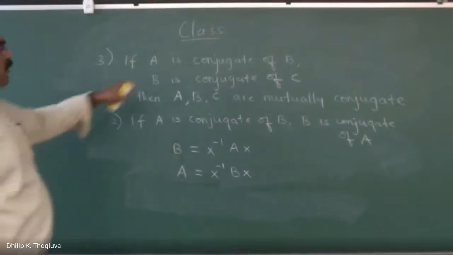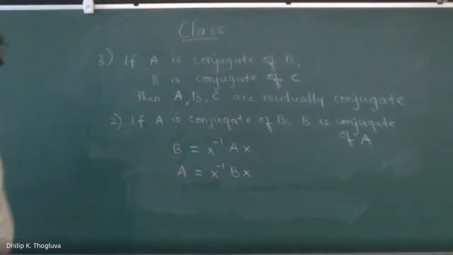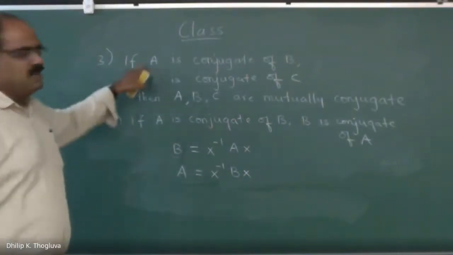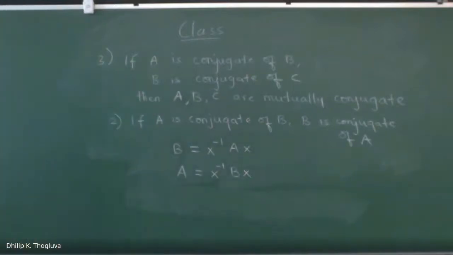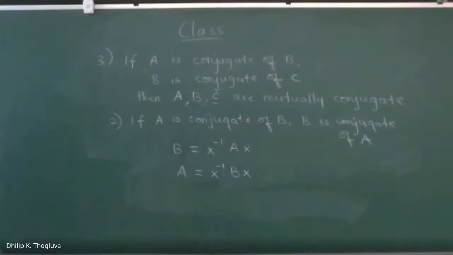If you perform a similarity transformation of A with respect to some X, giving rise to B, and you perform a similarity transformation of B with respect to another element, giving C, then a similarity transformation of A with respect to some element will result in C. That's what it means. So all three are mutually conjugate in a group.